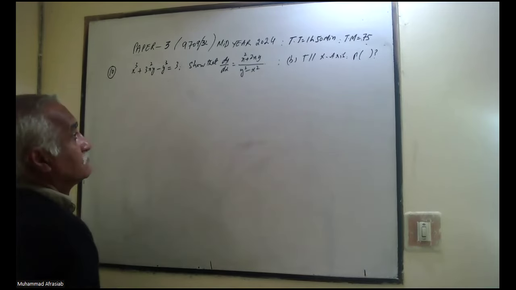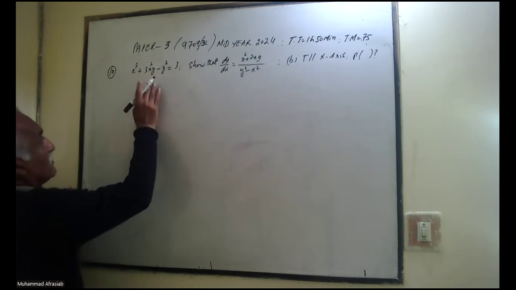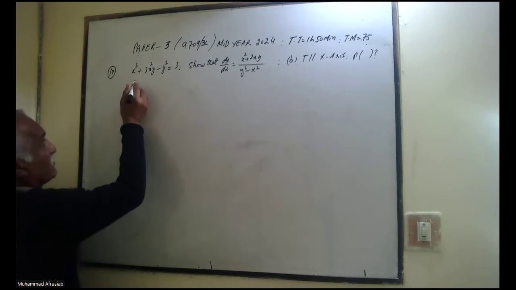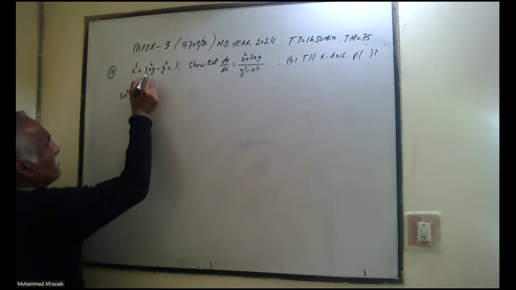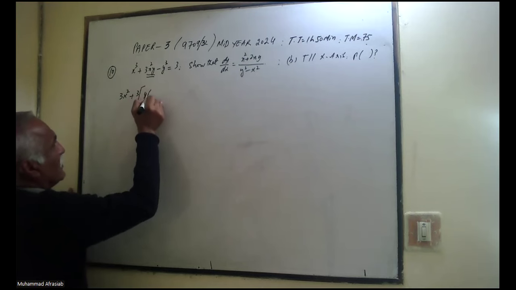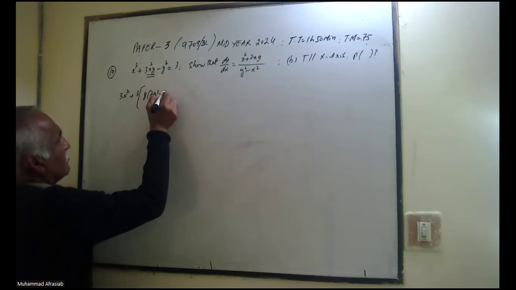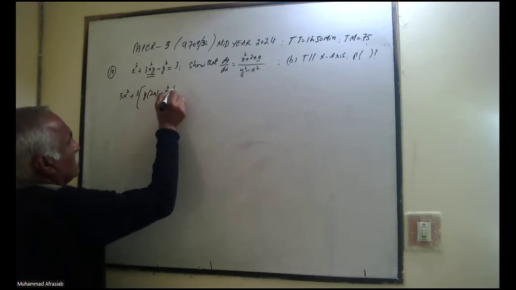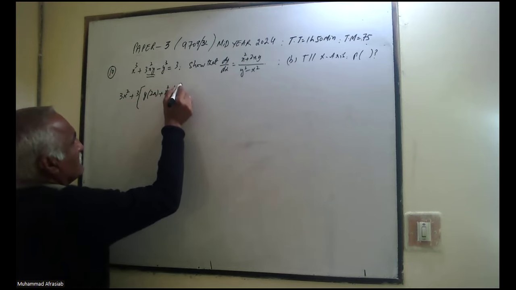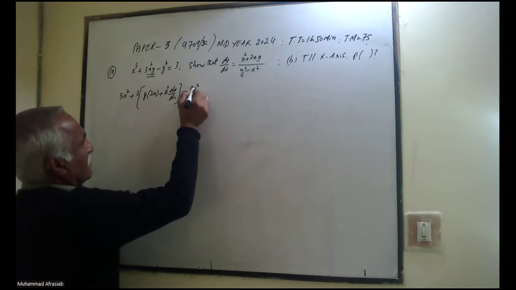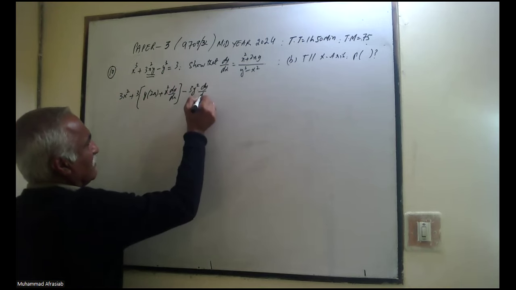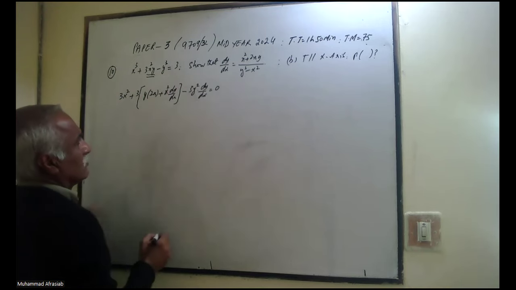We know that for this it is an implicit equation there. So we are going to find out dy by dx first. So x cube derivative is 3x square, plus 3 as it is. Here the product rule will be used. So y as it is into 2x, plus x square as it is into dy by dx, minus 3y square as it is into dy by dx is equal to 0.